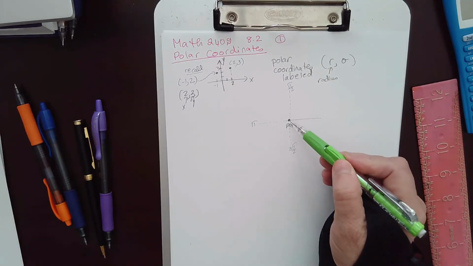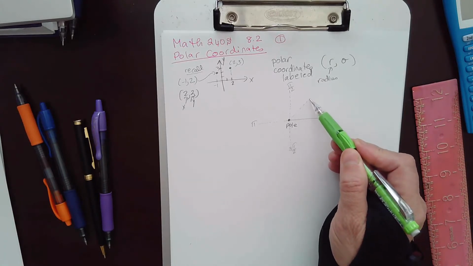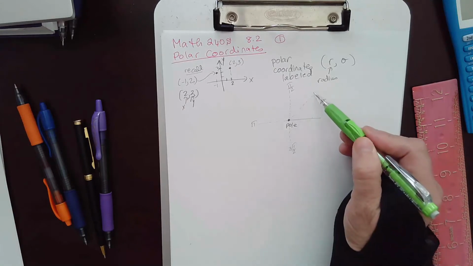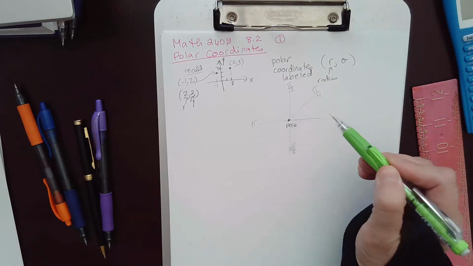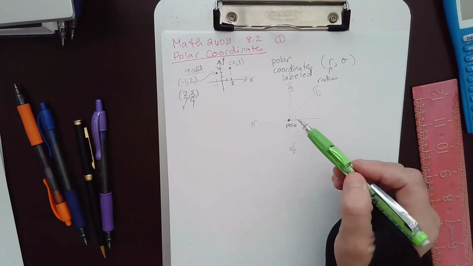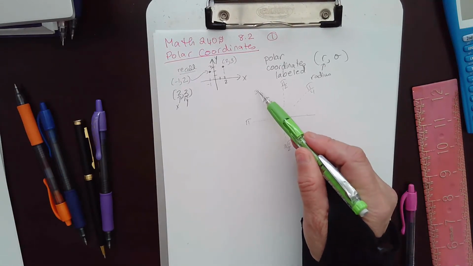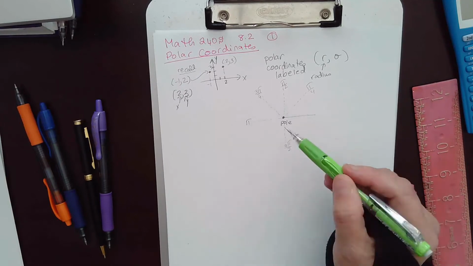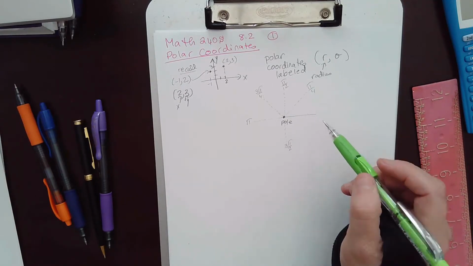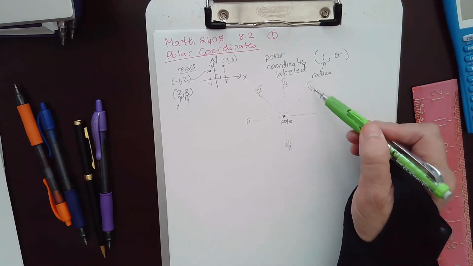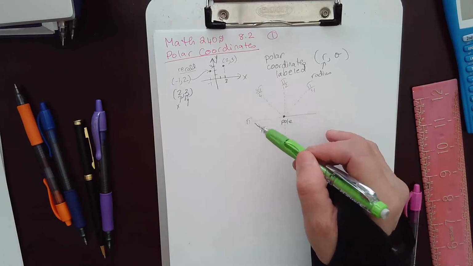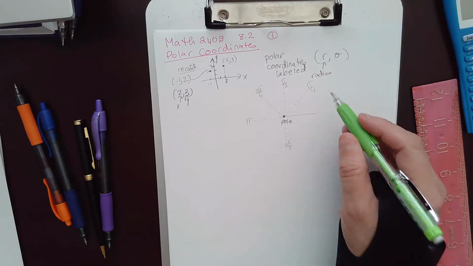You can here have pi over 4 right in the middle here, between 0 and pi over 2, pi over 4. And so on. So this is 3 pi over 4. So the angles, here you have them, pi over 4, pi over 2, 3 pi over 4, and pi. But what about the radius?